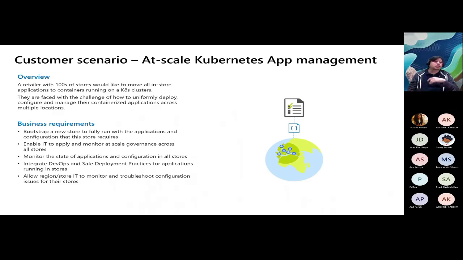That's the idea. They are faced with the challenge of how to uniformly deploy, configure, and manage their containerized application across multiple locations. Because how can you maintain different versions of your application having more than 100 stores? It means that you have more than 100 clusters running on-prem, for example. This is the big challenge here.